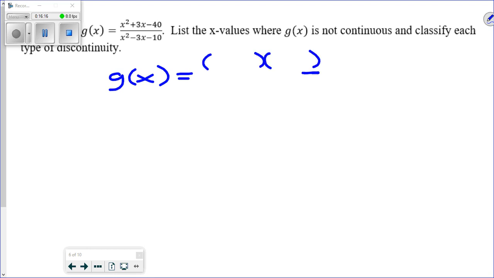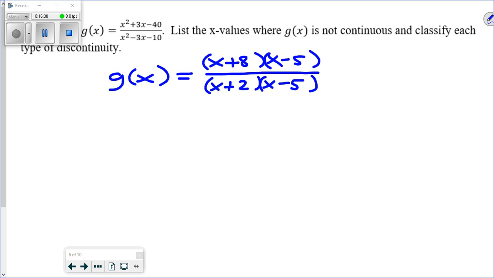If we factor the numerator, we're looking for factors of -40 that add to 3. So +8, -5 would work. Factor the denominator, we're looking for factors of -10 that add to -3. So -5, +2 would work.